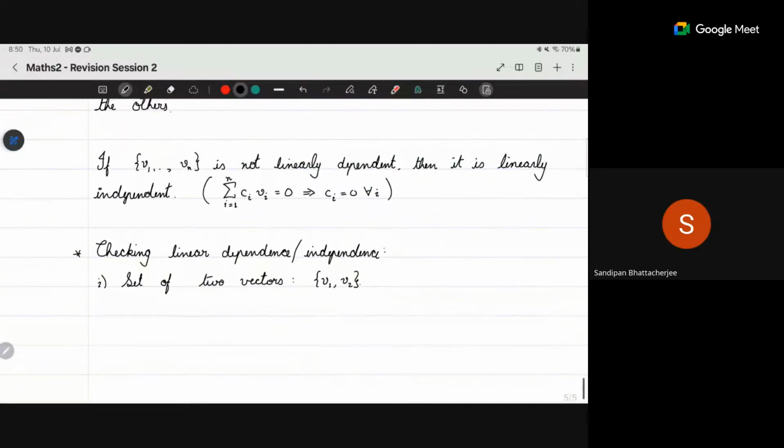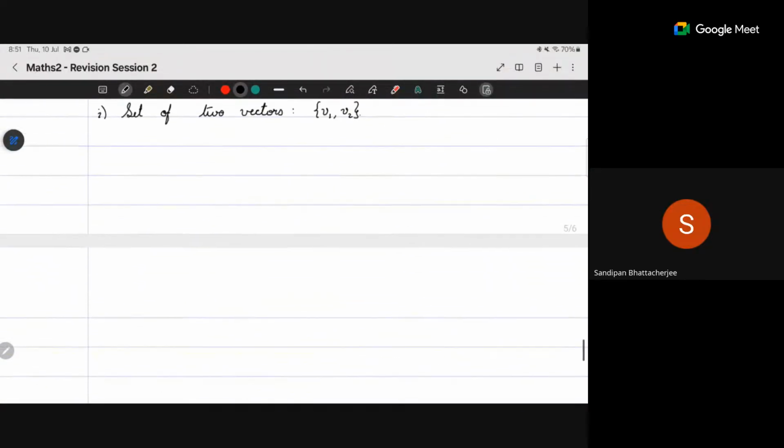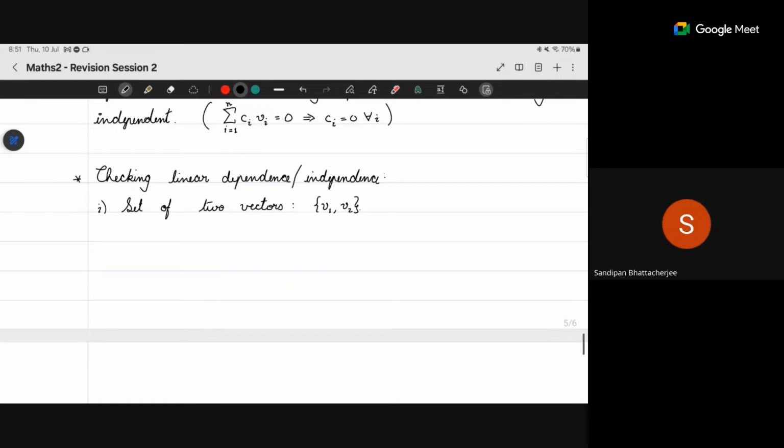In this case, how do you check dependence or independence? Yeah, so you'd write this in the form of a matrix and check the determinant, but these need not be in R2. This is just two vectors.